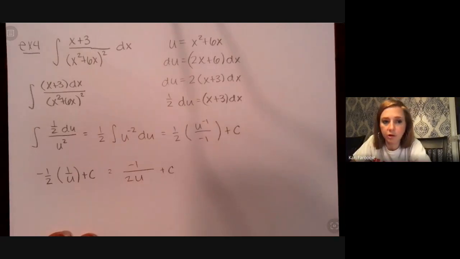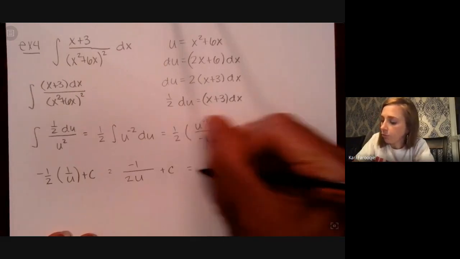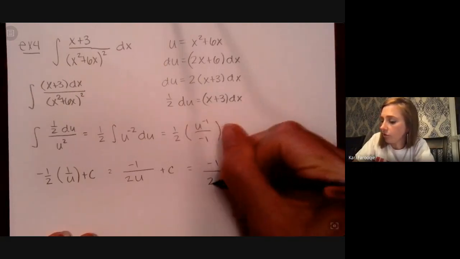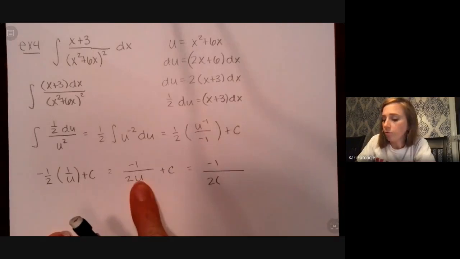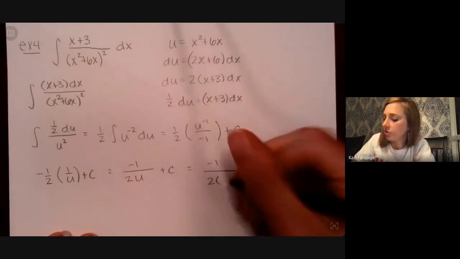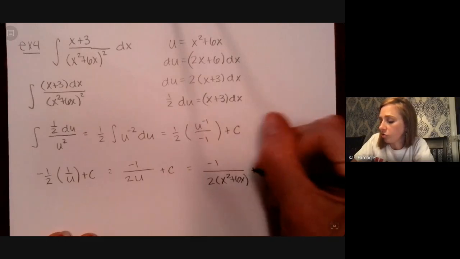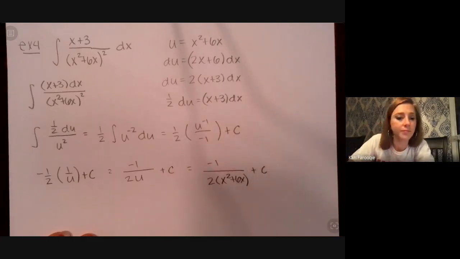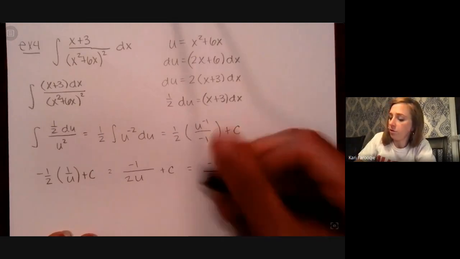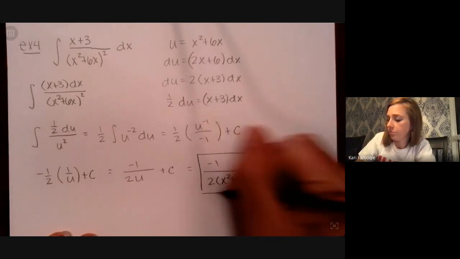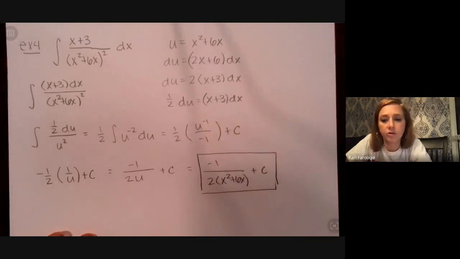Lots of different ways we can rewrite this to make it look better. Up to you. And then we'll back substitute for x. The quantity u is going to be x squared plus 6x. Don't forget your parentheses if you move that 2 into the denominator. Now here is your integral.